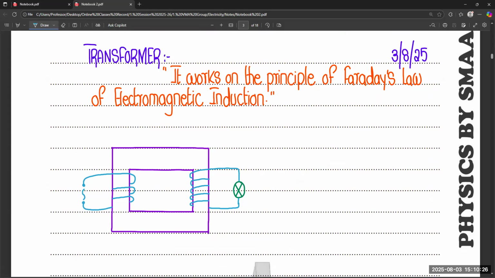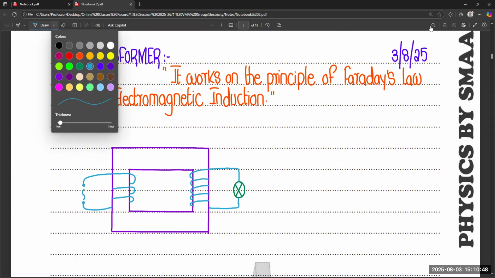So it gives you a greater value of voltage in the output. If we have more turns on the left hand side, on the side of the source, it means that in the output you will get a lower value of voltage. So it depends upon the number of turns.